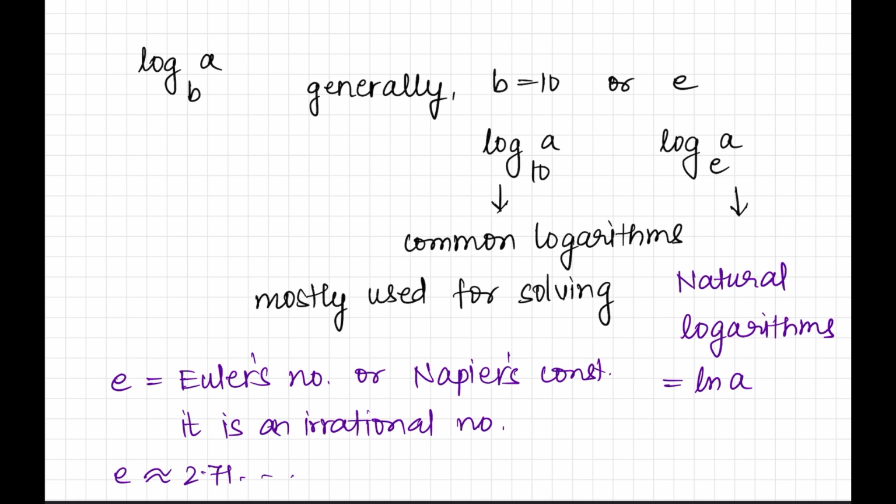So that is what we have about log. So mostly अगर कहीं पे base नहीं दिया हुआ है, so our first choice will be e, and in some cases we can also use 10.